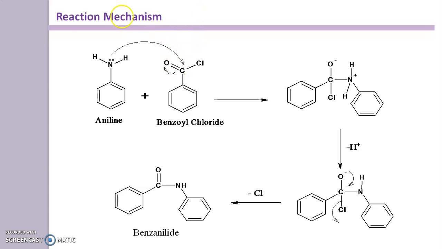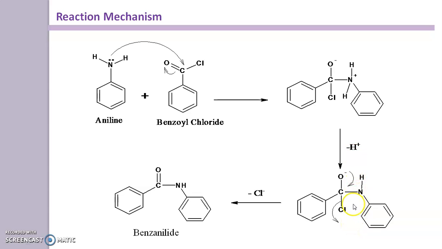So due to that, this nitrogen of aniline, which has an NH2 group, has non-bonding electrons present, which get attracted toward this electron deficient carbon and it gives what you may say an addition product. It is an unstable one, so there is a loss of proton and a formation of this.